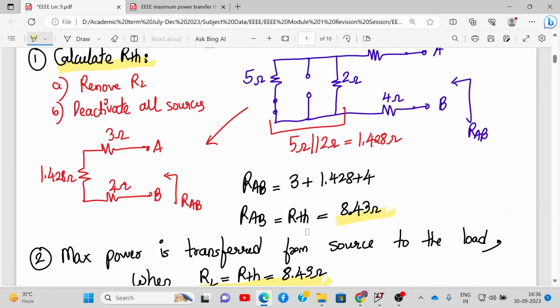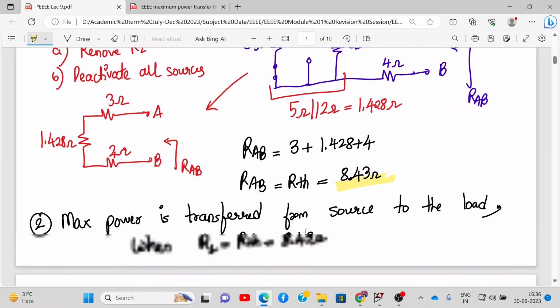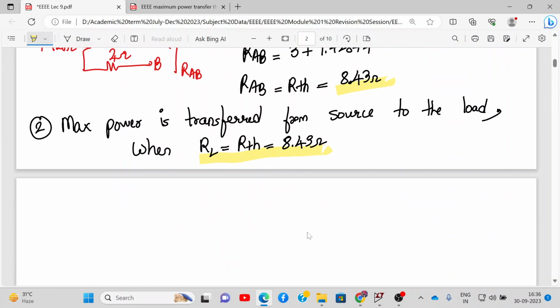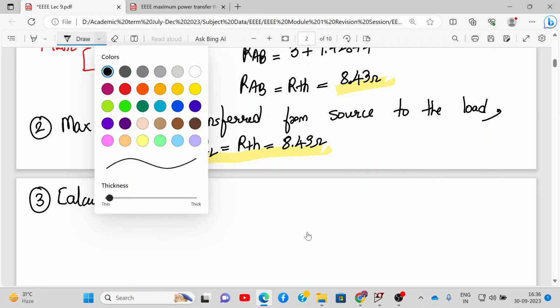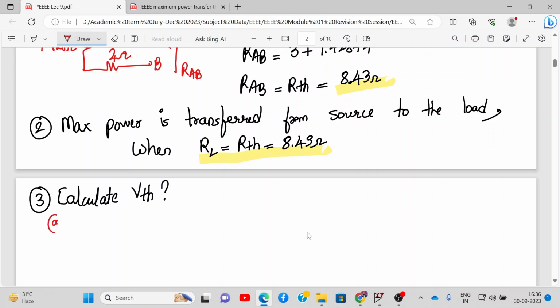Now the next task is to calculate VTH, Thevenin's voltage. So let's do that. What's the procedure to calculate VTH? Very simple.